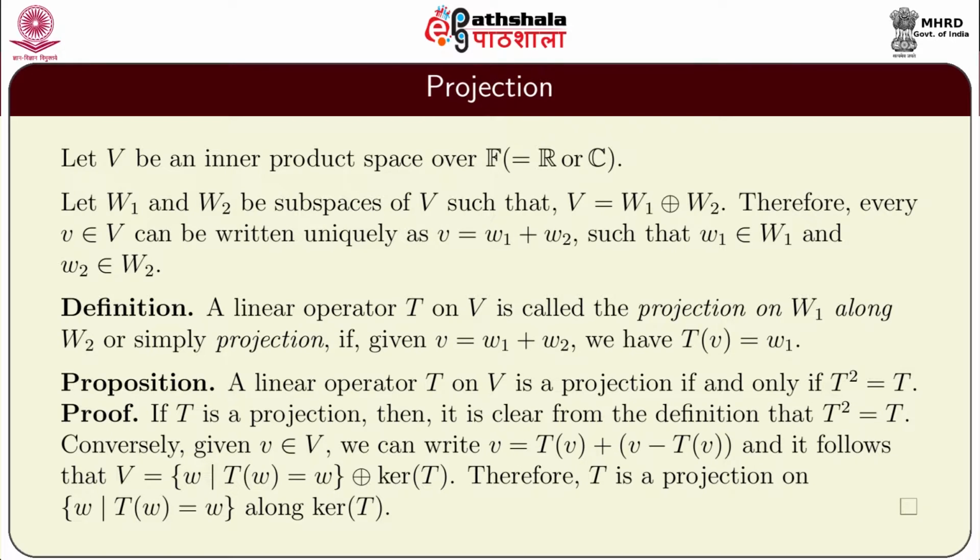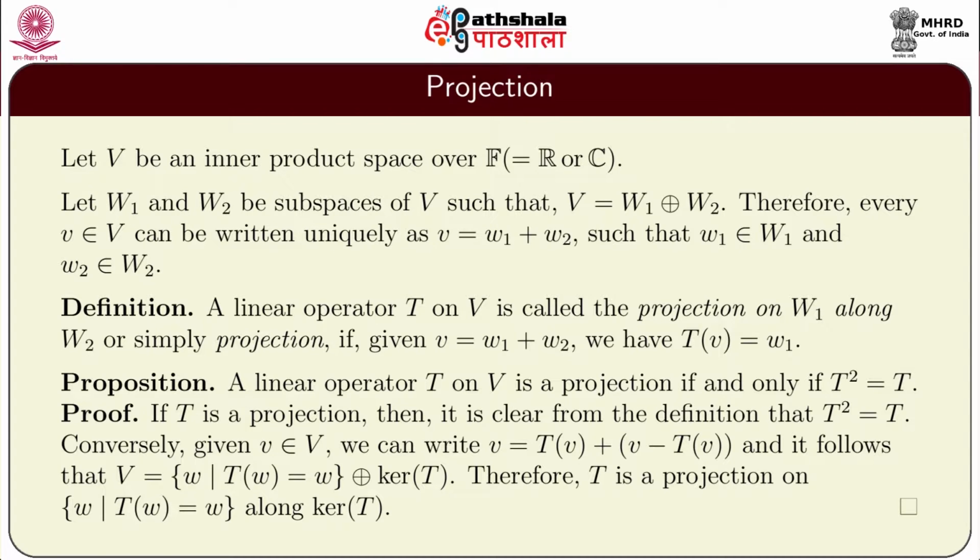Because we start with a vector v, decompose it as w1 plus w2, and then T of v by definition is w1. And we know that this decomposition is unique, and therefore when we apply T again, it is nothing but T of v, which is w1.